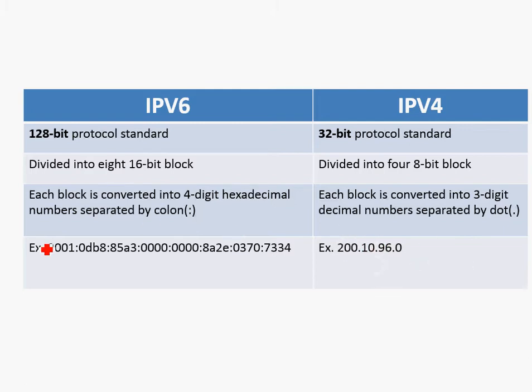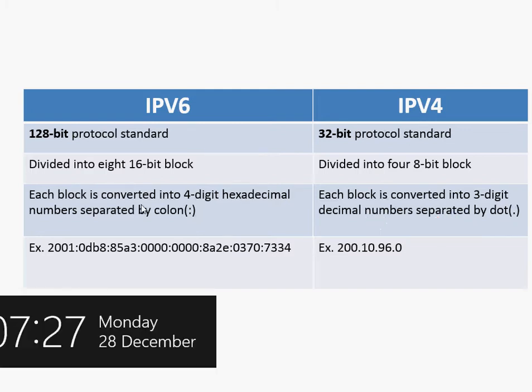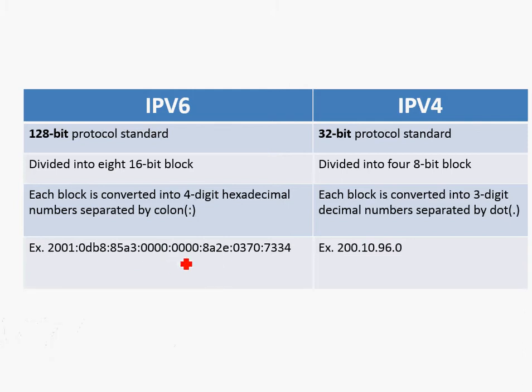Similarly this one, 2001 contains 16 bits, 0DB8 contains 16 bits, like this. These 4 digits are hexadecimal numbers, and these 3 digits are decimal numbers. One difference is that IPv6 is separated by a colon, and IPv4 is separated by a dot.